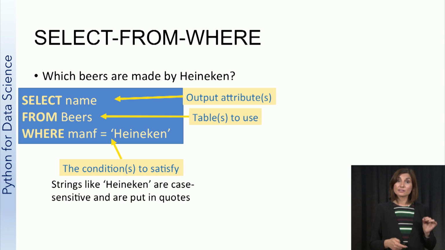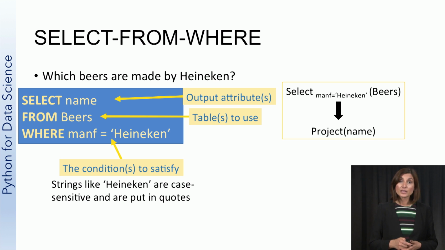There are a few things to notice here. First, the literal Heineken is put within quotes because it's a string literal. Remember that, in this case, the string is supposed to match exactly, including the case. Secondly, if you go back to the data operations we discussed in pandas, you will recognize that this form of query can also be represented as a selection operation on the relation beers with the condition on the manf attribute, followed by a projection operation that outputs the name attribute from the result of the selection operation.